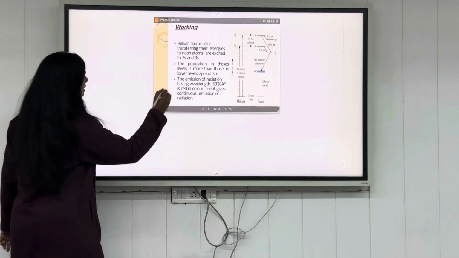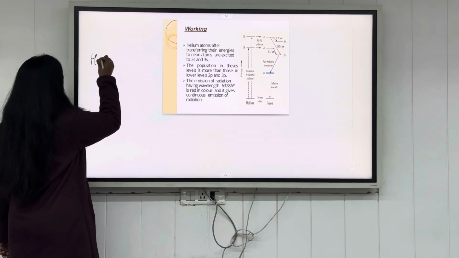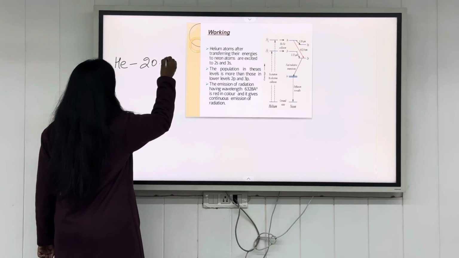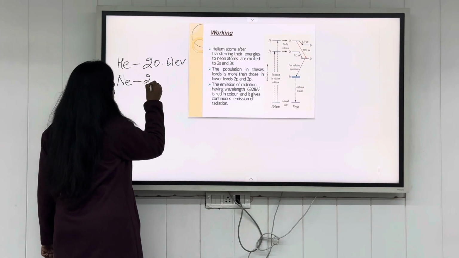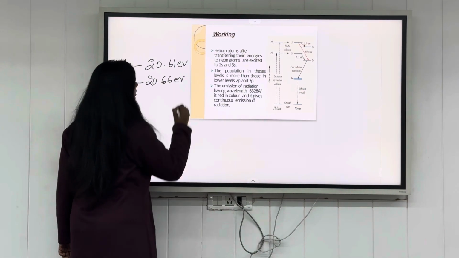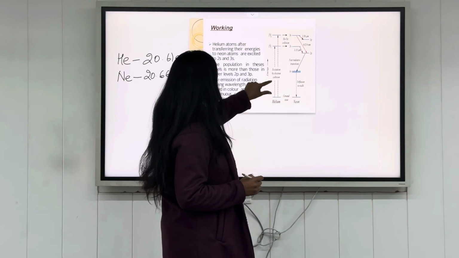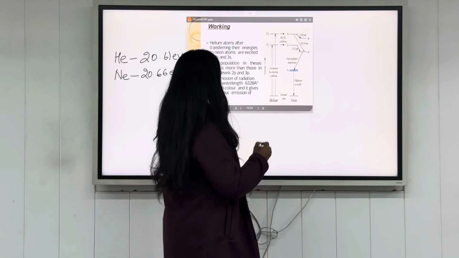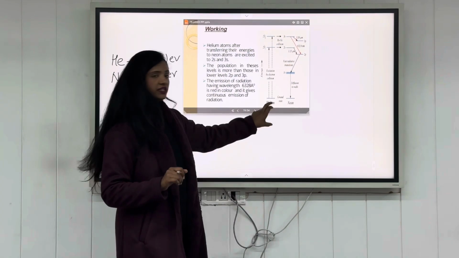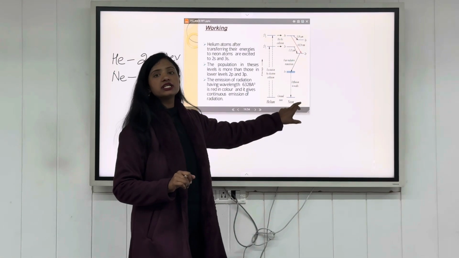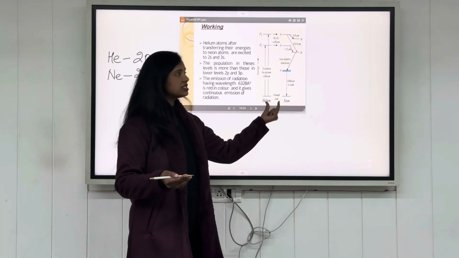We have discussed that for helium, the energy level is around 20.61 electron volt, and for neon it is 20.66 electron volt. Helium has a configuration 1s2, 2s2. So here this is the lower energy state of the helium atom and this is the lower energy state of the neon. Now this is present here at higher pressure than the neon gas.